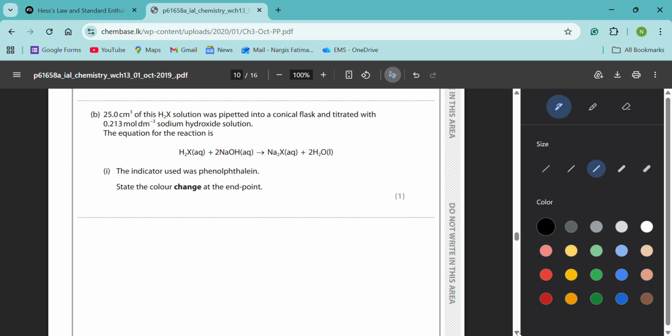Now part B, 25 centimeter cube of H2X solution was pipetted into a conical flask and titrated with 0.213 moles per decimeter cube sodium hydroxide solution. The indicator used was phenolphthalein. State the color change at the end point. Okay, now you have the acid in the conical flask.